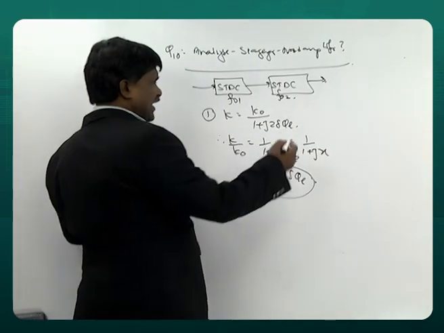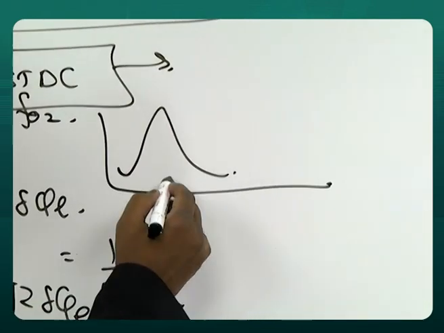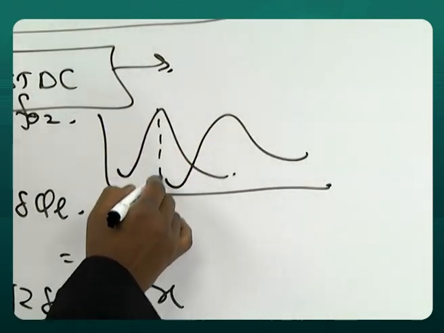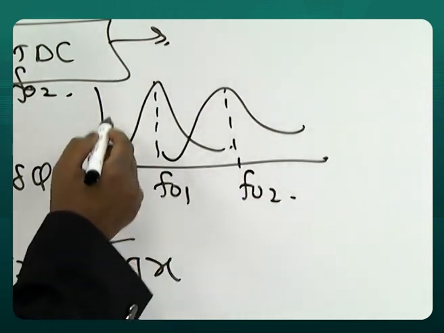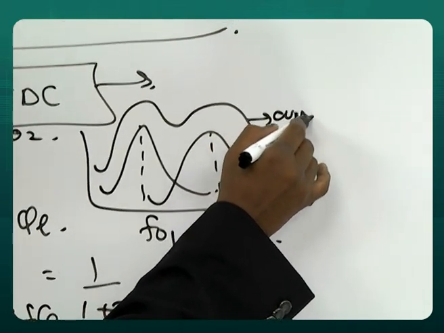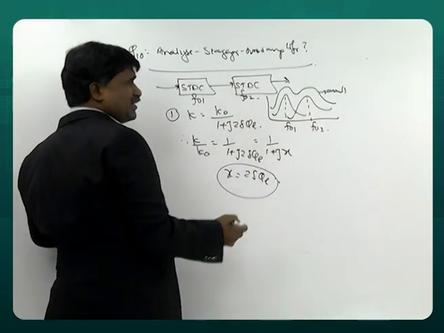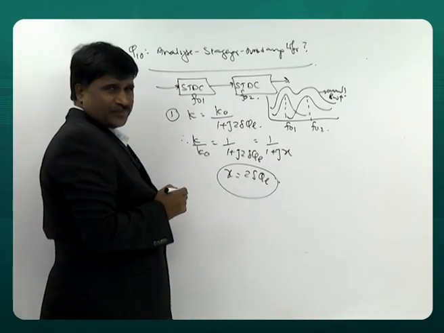What's the meaning of stagger actually? Please understand the stagger. If this is F01, this is F02, the overall will become like this. Overall, what happened there? Therefore, bandwidth is increased.